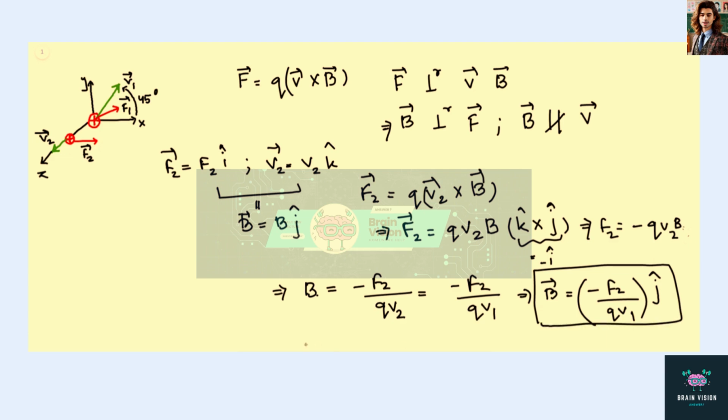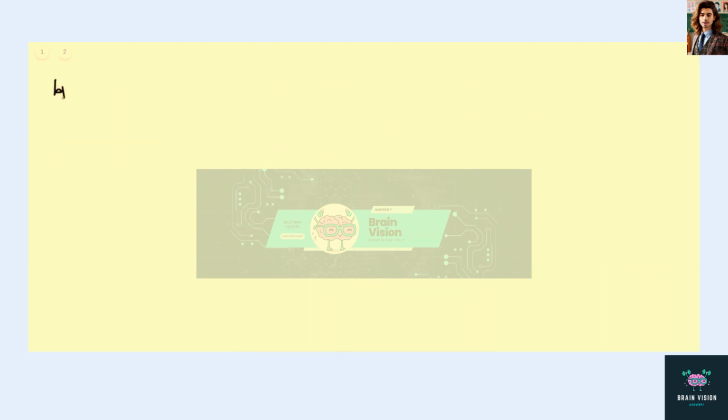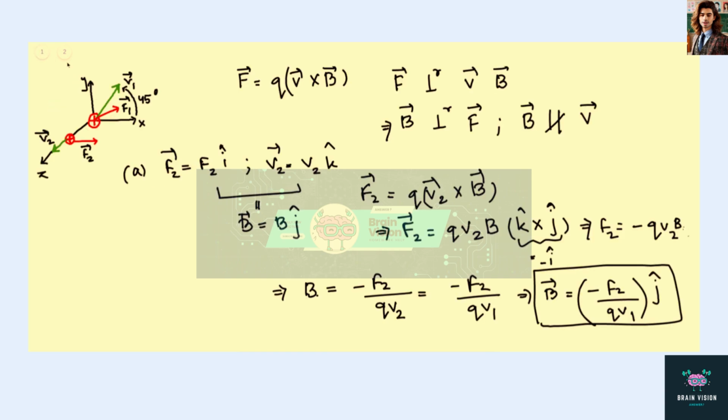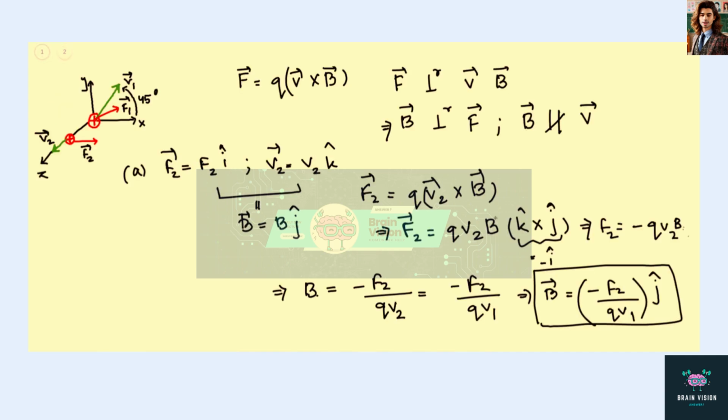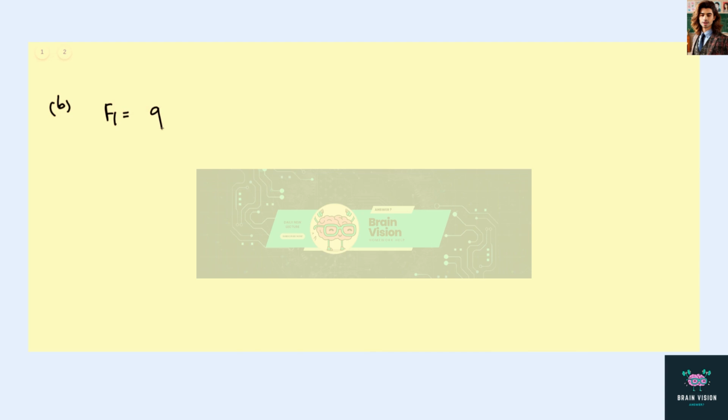Now for the second part, so this was our first part. For the second part, where we have to find the force, we will use the same equation as this. So q times v1 vector cross B vector is equal to q times v1 times the magnitude of the magnetic field times sine phi.